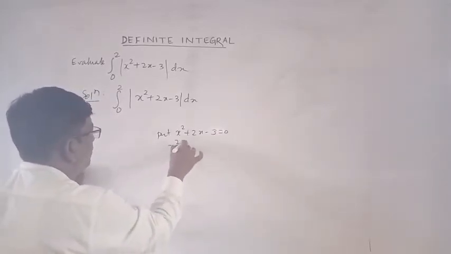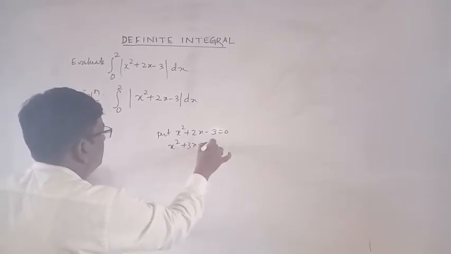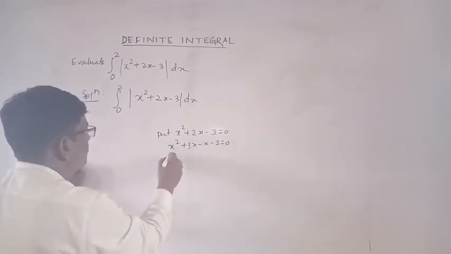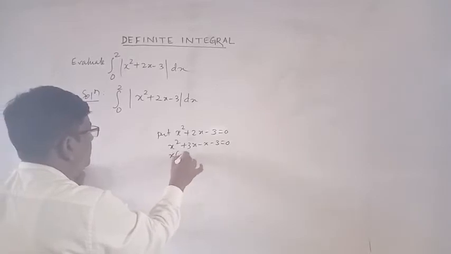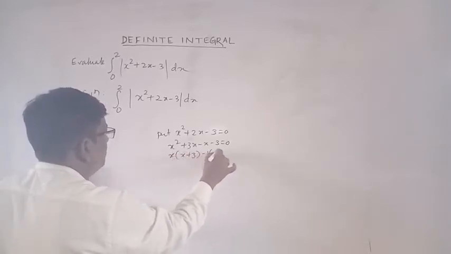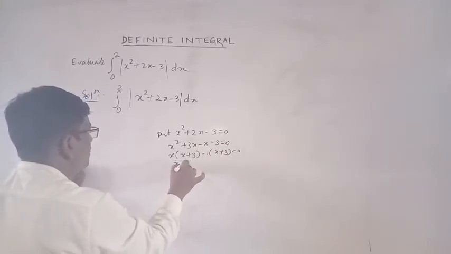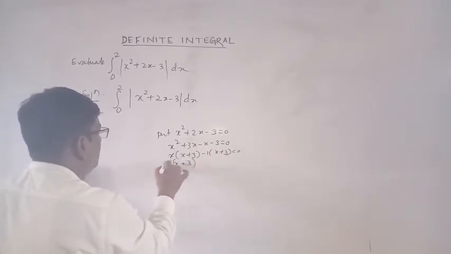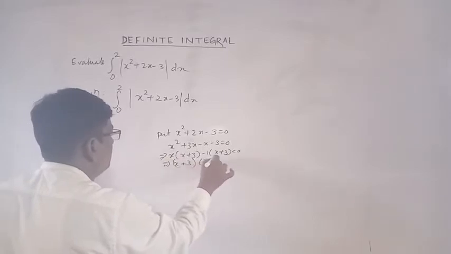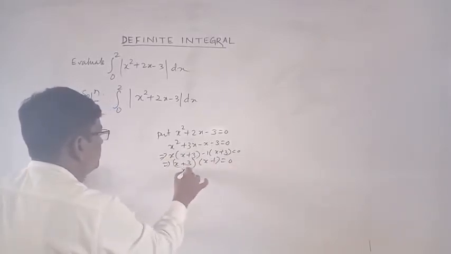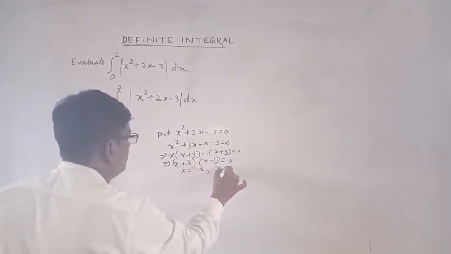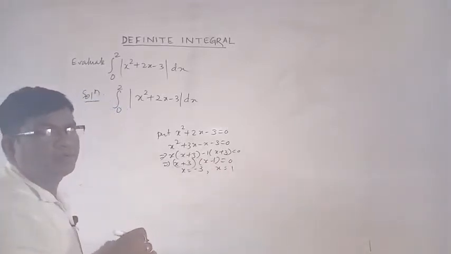That is x square plus 3x minus x minus 3 equals 0, so x into (x plus 3) minus 1 into (x plus 3) equals 0, that is (x plus 3)(x minus 1) equals 0. So x equals minus 3 and x equals 1 are the critical points.